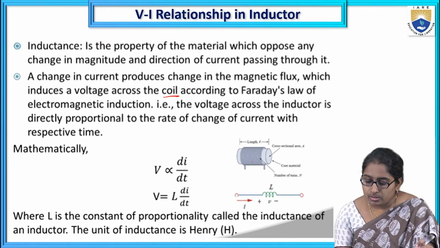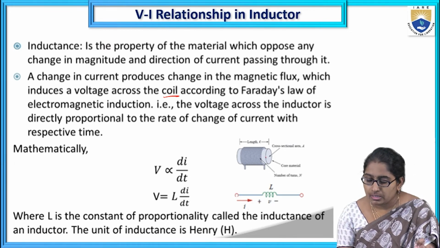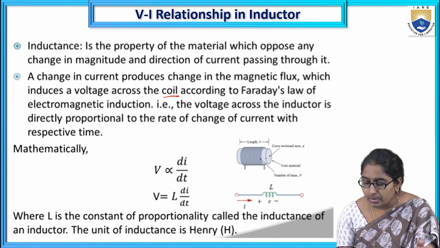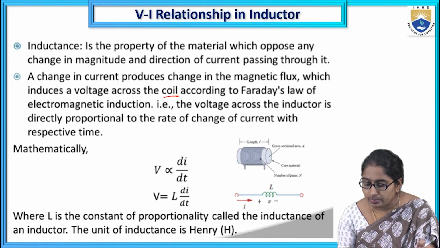Here we see the physical appearance: a number of turns wound on a core, some iron material, with this winding on it. This is the cross-sectional area of the core, and this is the total length of the core.